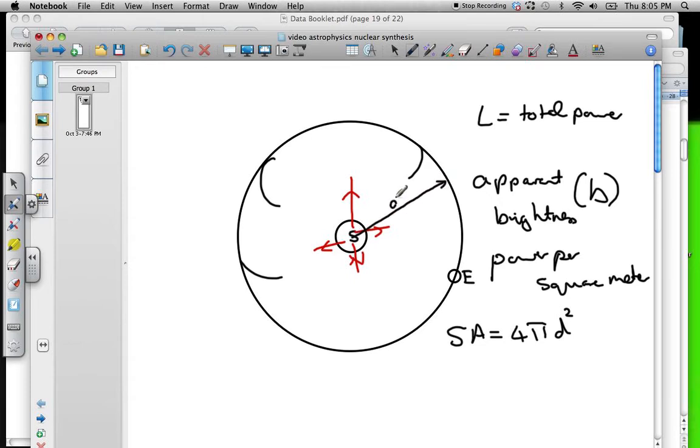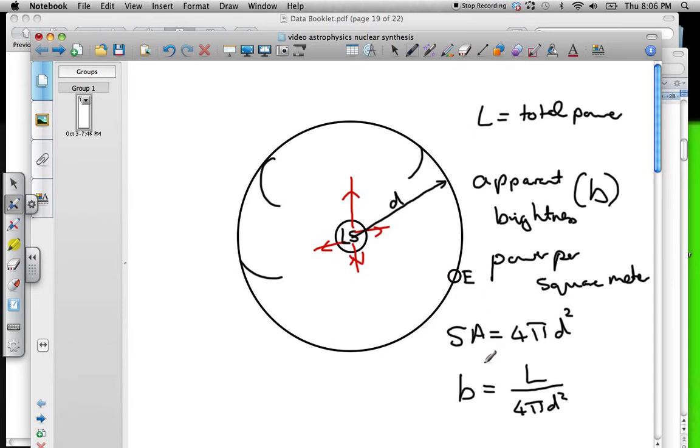So from this, the power per square meter: the sun gives out a certain amount of power, which is the luminosity, L. So b is given by this formula: b equals the luminosity divided by 4 pi d squared, where d is the distance that we are away from the sun, or away from the star, whatever it may be.